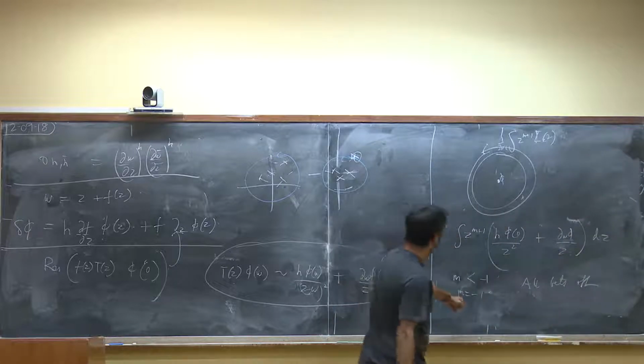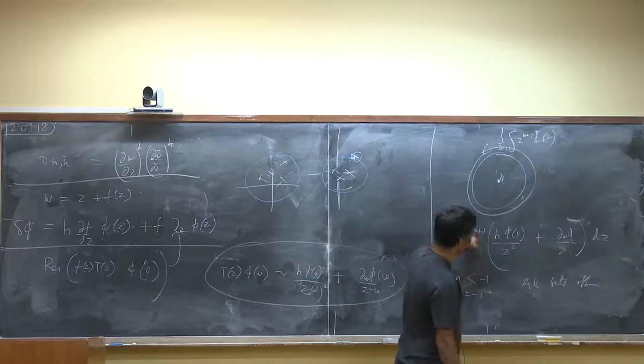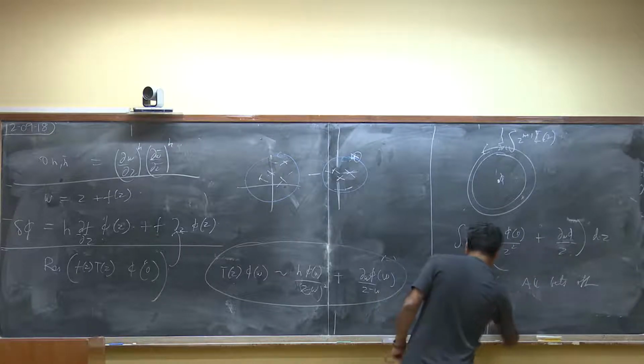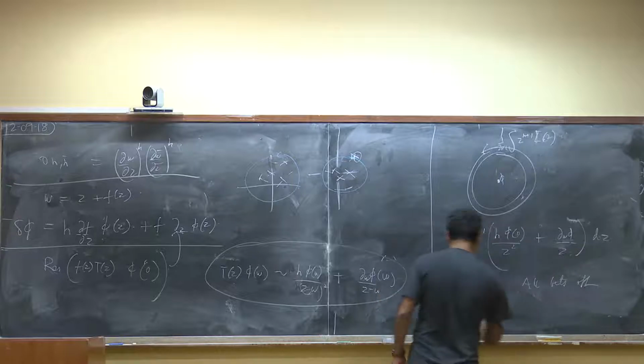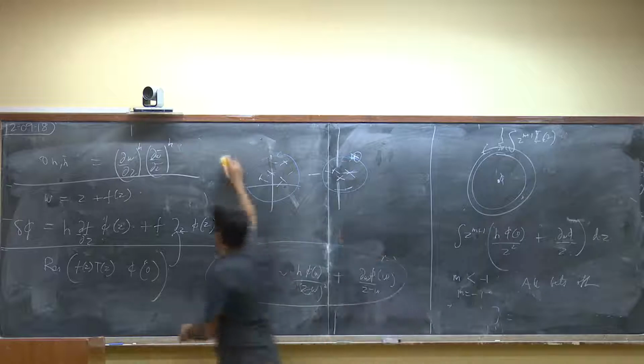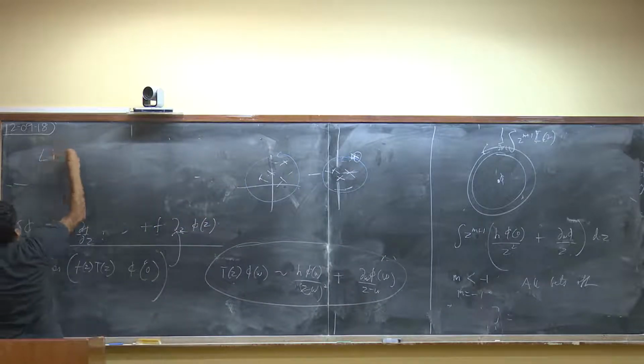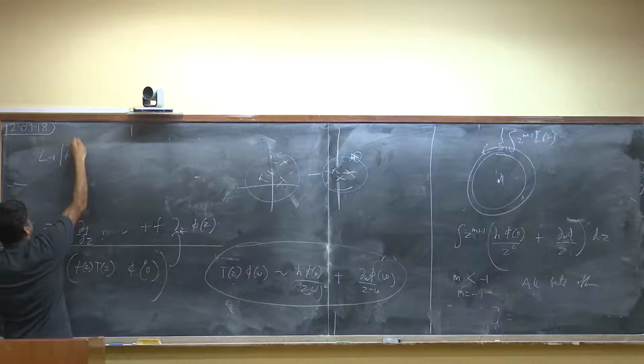Okay, what about m equals minus 1? When m is equal to minus 1, this is not there. And so we get L minus 1 on phi of w. What we've actually computed is the action on the state. So we get L minus 1 acting on the state phi of w.